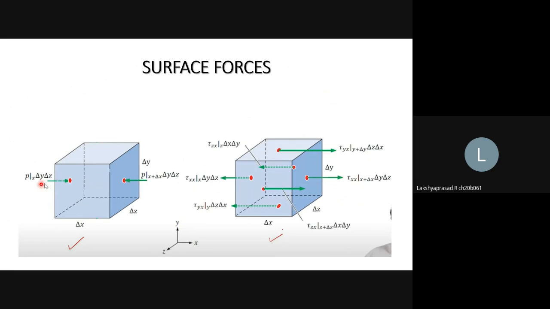This is the pressure. As you know, it is compressive. So P at x times delta y delta z minus P at x plus delta x times delta y delta z will be the net pressure force acting in the x direction, and these are all the viscous stress forces acting on the control volume in the x direction. You can have a look at it.